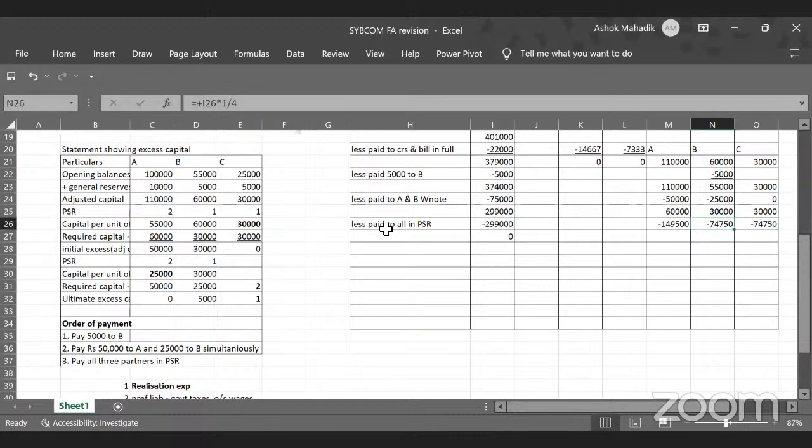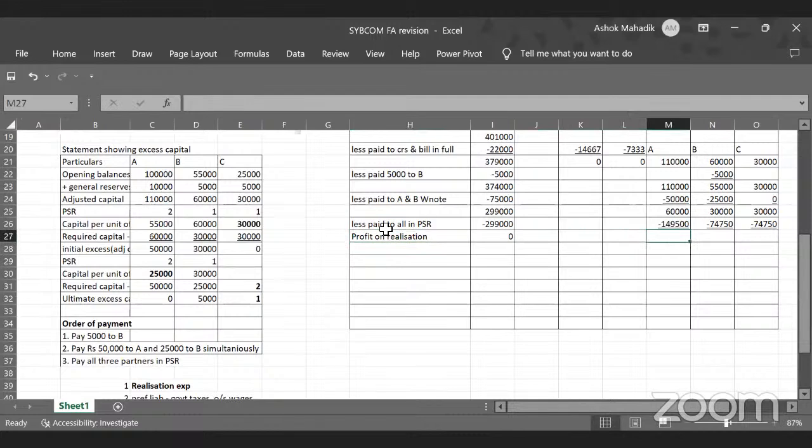So they are paid in excess, isn't it? So this is called profit on realization. Clear?